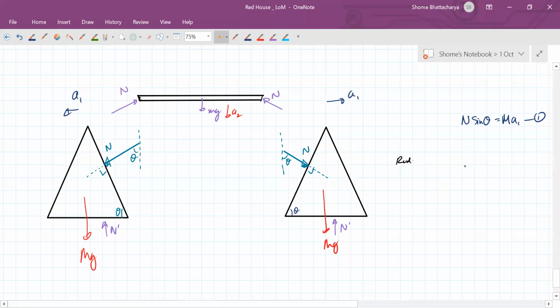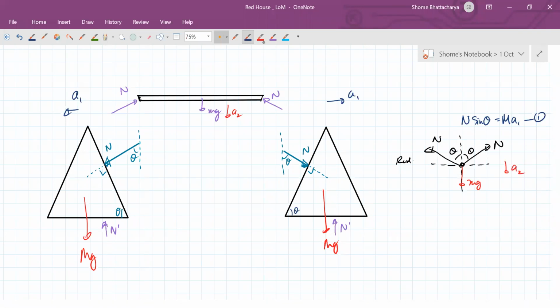So if you represent the rod as a particle, there are two symmetric normal reactions acting like this, which are at theta to the vertical, and weight acting like this, and it's coming down with an acceleration A2. So the equation becomes mg minus 2N cos theta is equal to m A2. That's your second equation. Okay.